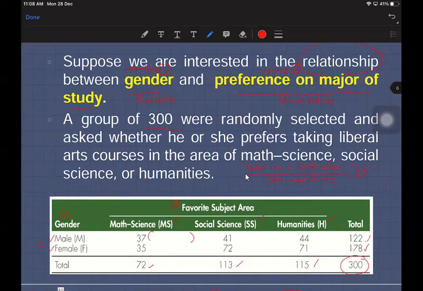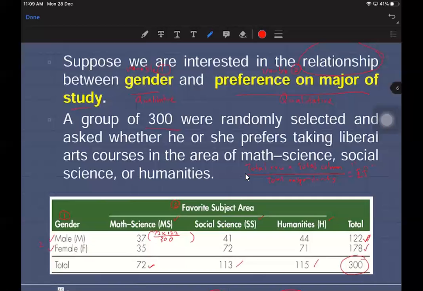So how do we calculate this? It will be 72 times 122, total of column times total of row, divided by the overall total 300.